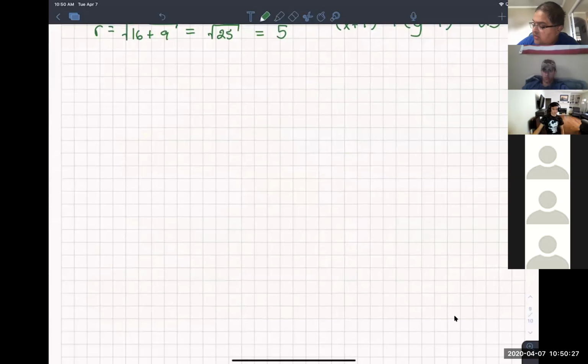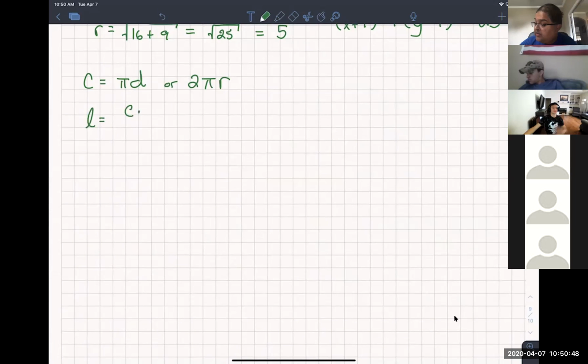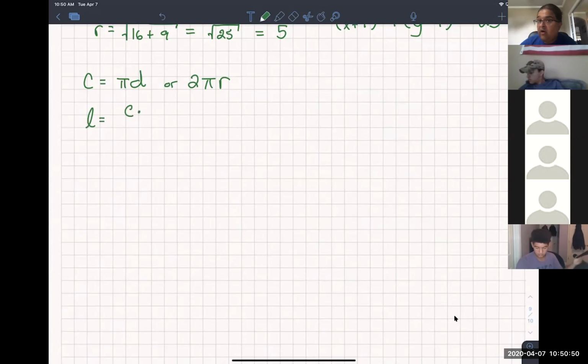the circumference and arc length. So remember, the circumference formula is pi times diameter, or 2 times pi times r. And to find the arc length, remember it is the circumference times the arc measure divided by 360.